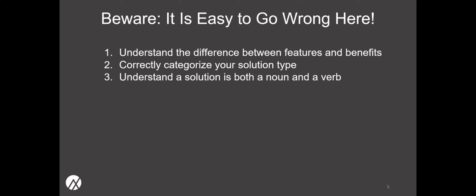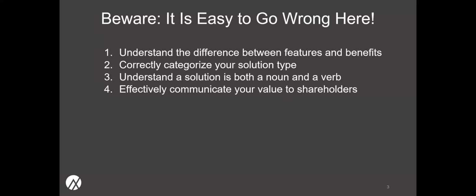Understand that a solution is both a noun and a verb, and I like to go into this because this is a really important aspect for me, that we really get our head around this and understand it. And then fourth, like everything, we want to effectively communicate our value to the shareholders to make sure they understand what we're bringing them, so that when we ask for an exchange of money, we're more likely to receive it.